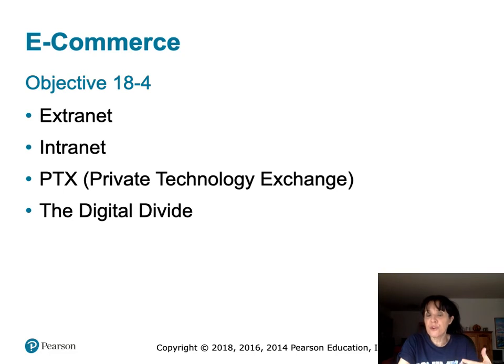Intranet, in other words, refers to the use of the internet in global supply chain management, which helps automate and speed up the internal processes in a company's management through the internet. Okay?